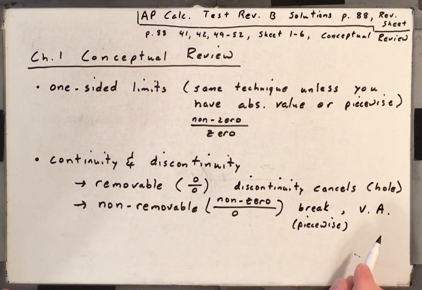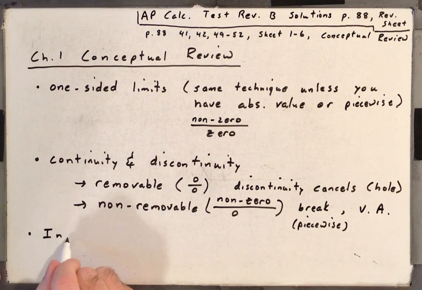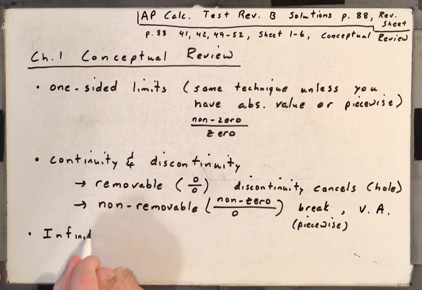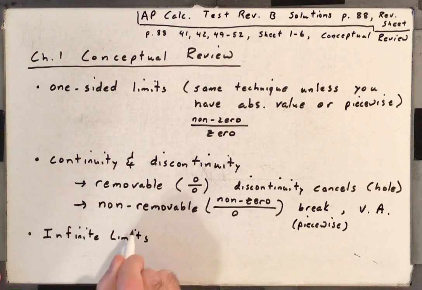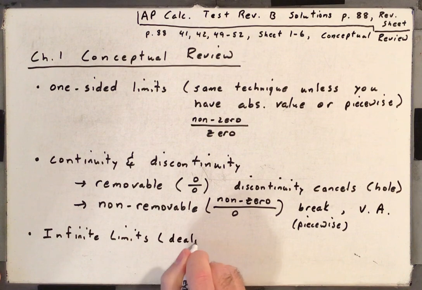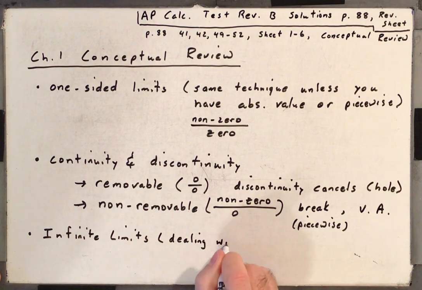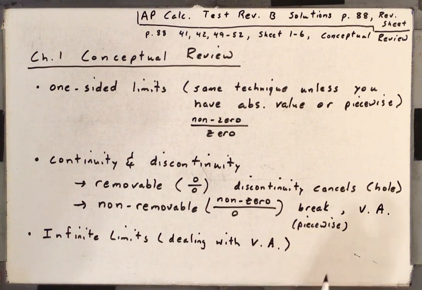Okay. And then we did some infinite limits. And that's just the section on dealing with vertical asymptotes. So where's the denominator 0? Does it cancel? Does it not cancel out? If it doesn't cancel, it's a vertical asymptote.